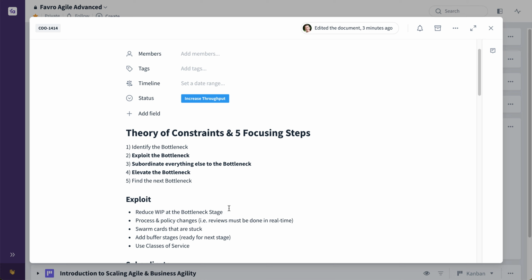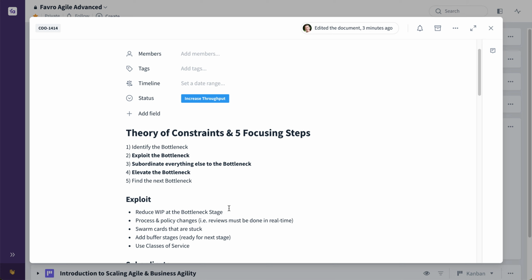So you might simply have to instate a policy change saying that as soon as something is ready for review, whoever is responsible for doing those reviews, whether it's an art director for art assets, or maybe a producer or a program manager or a product owner for maybe software features, should be notified that it's ready for review, and that review should happen as soon as possible.